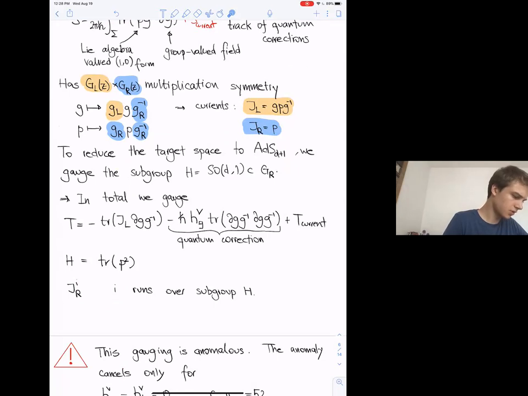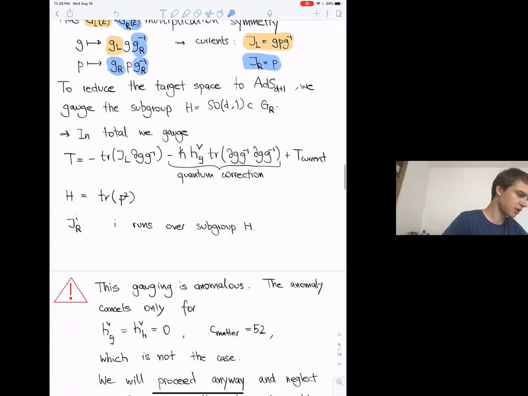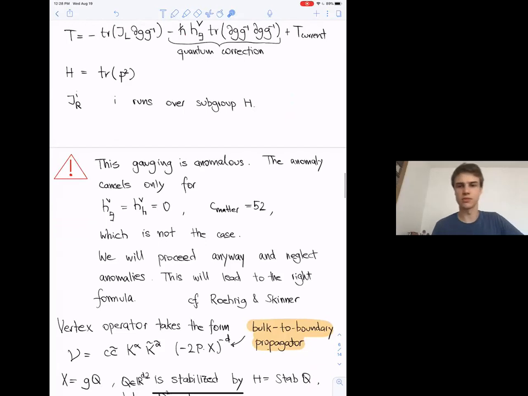Okay, so now comes the disclaimer that what I'm doing here is actually slightly illegal, or very illegal if you want. So this gauging is anomalous. And you can easily see one place where the anomaly comes in. For instance, H is actually a Sugawara, so P satisfies some Kac-Moody algebra on the worldsheet, and so H is the corresponding energy momentum tensor.